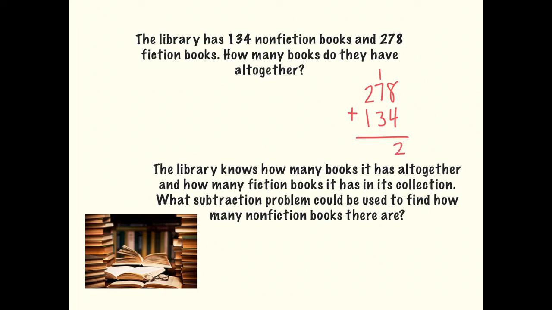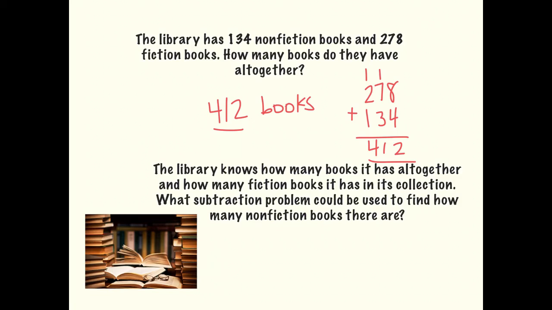Carry the 1 to the next place. 1 plus 7 is 8. Plus 3 is 11. 1 plus 2 is 3. Plus 1 is 4. So altogether there are 412 books. Always make sure when you're copying your answer, you're copying the right number over. I almost made a mistake there.